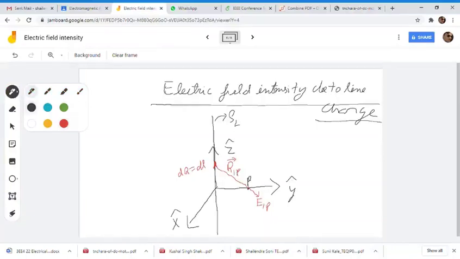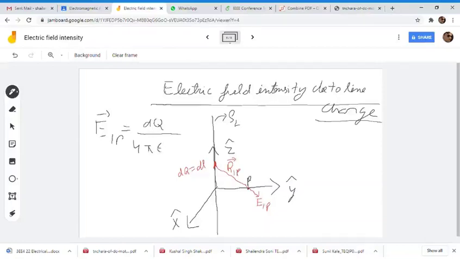This stylus is a bit slow, so pardon for that. When we write E1P, it will depend upon the charge itself, dq divided by 4 pi epsilon R1P whole square.